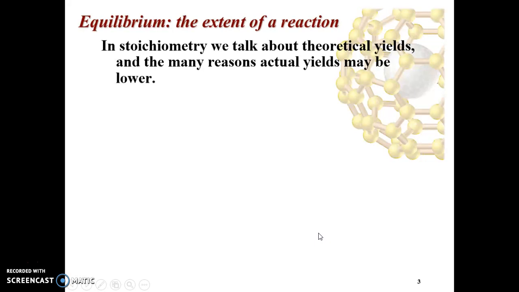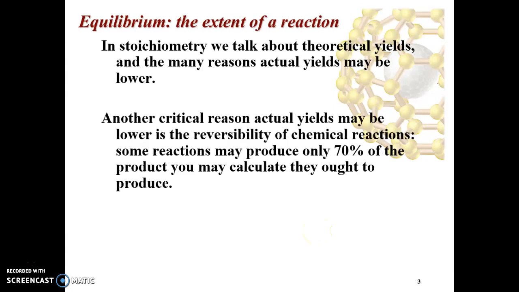So in stoichiometry, we talk about theoretical yields. And we've focused mostly on errors. What could we have done wrong to not get the theoretical yield that we should have? There is a portion of reactions that have a less than 100% yield simply because the reaction can be reversible.